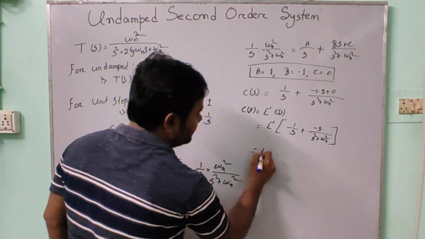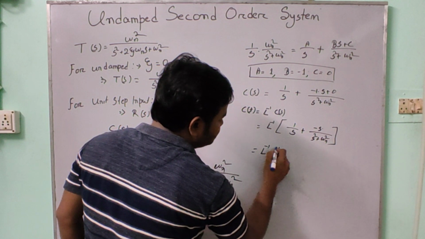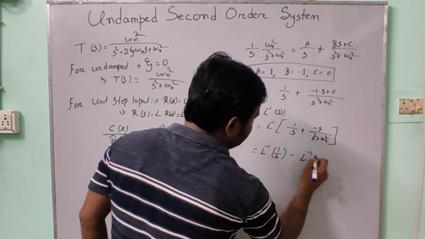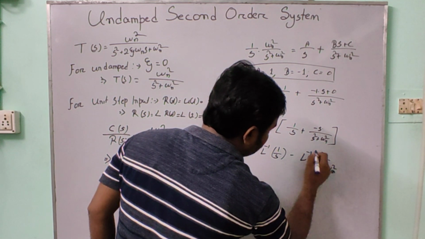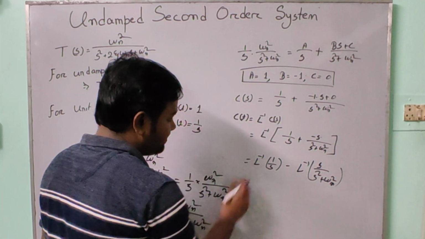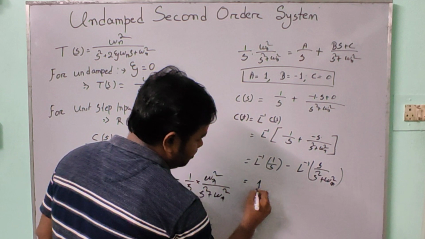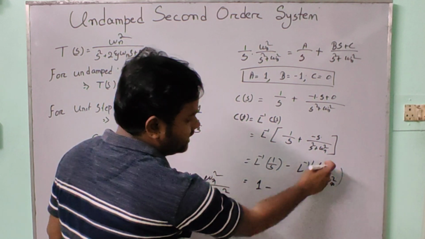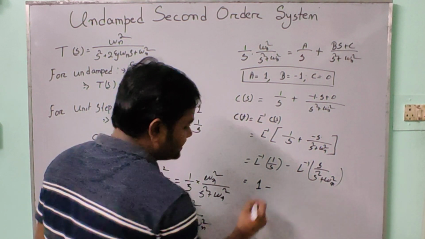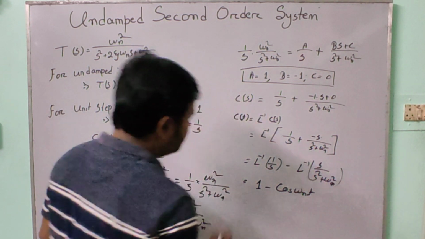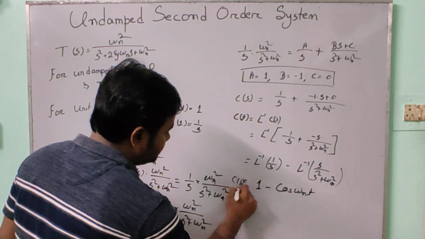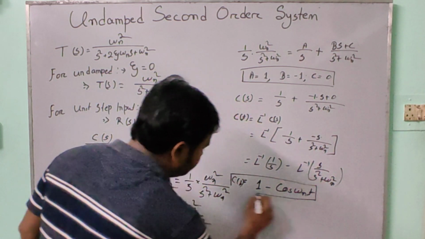By simplifying, Laplace inverse of 1 by s is equal to 1, minus Laplace inverse of s divided by s square plus omega n square, which is cos of omega n t. So C(t) equals 1 minus cos omega n t. This is the output.